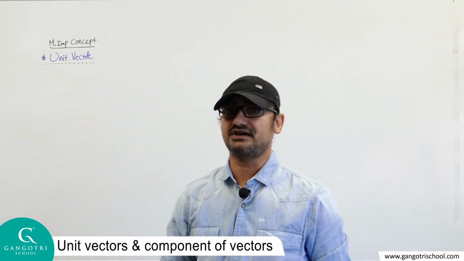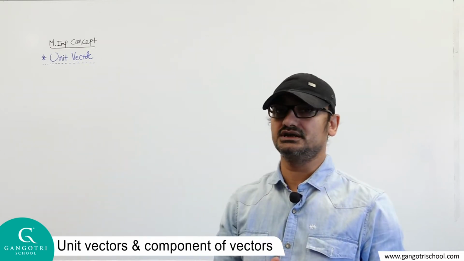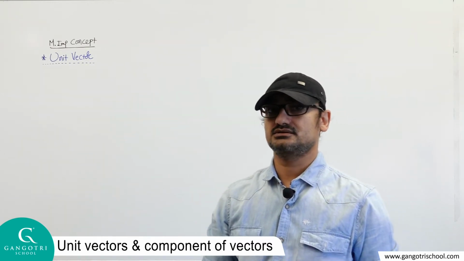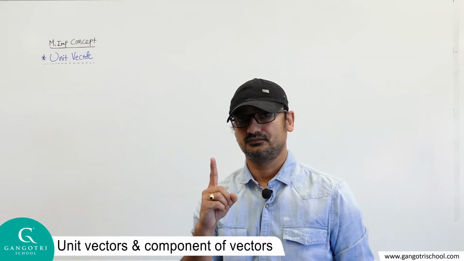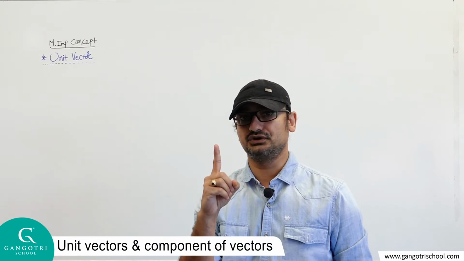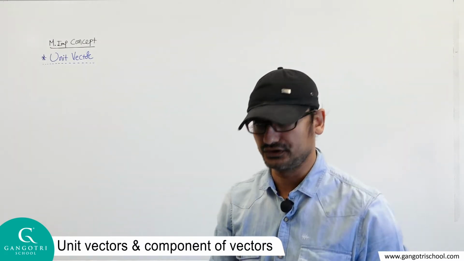So unit vector, the definition of this word is very simple. Unit vector means a vector whose magnitude is 1. Always remember, a vector whose magnitude is 1, then this vector is known as a unit vector.